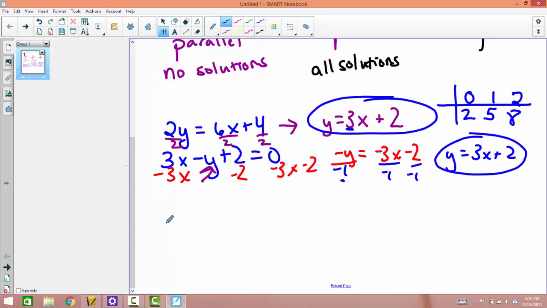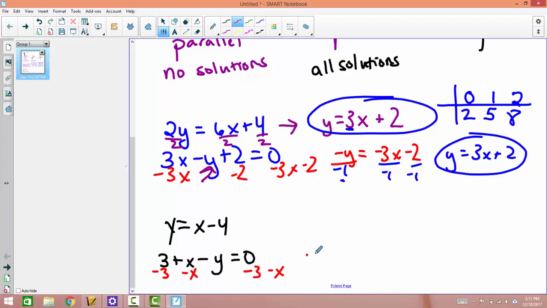Second problem is y equals x minus 4 and 3 plus x minus y equals 0. So again, the easiest form probably for you is y equals mx plus b. And if we're going to do that, you would need to move the 3 and the x over to the other side to isolate the y. And do not lose the negative.